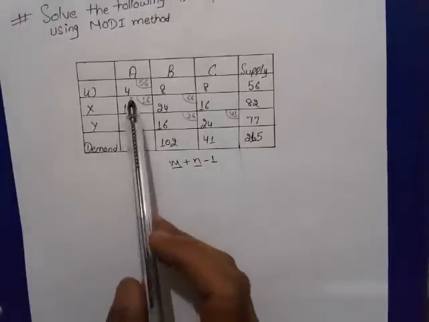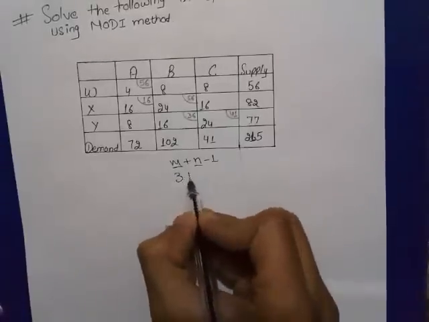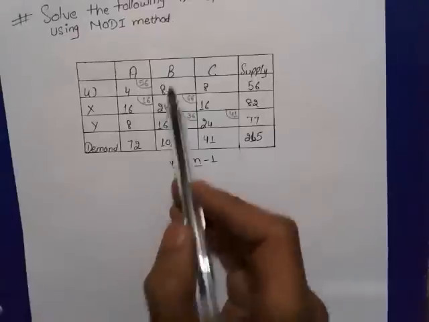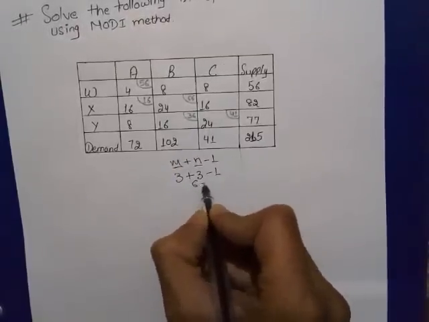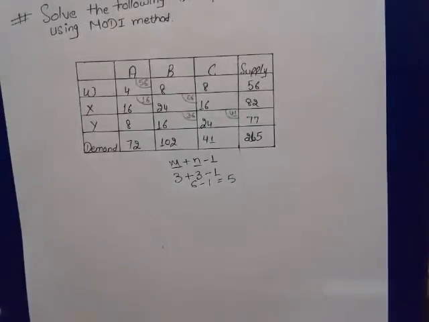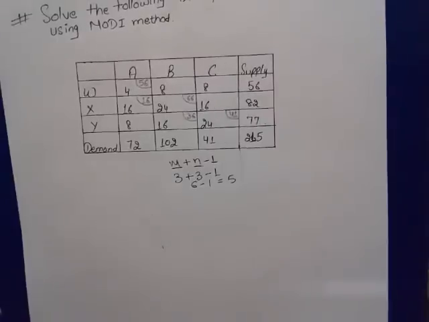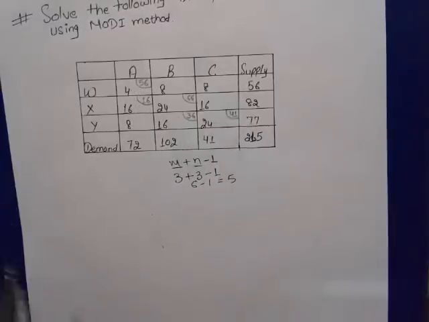So rows are 3, columns are 3, so 3 plus 3 minus 1, 6 minus 1 is equal to 5. If we have to proceed without adding degeneracy, there must be a minimum of 5 occupied cells: 1, 2, 3, 4, 5. So the condition is satisfied, and we can proceed.